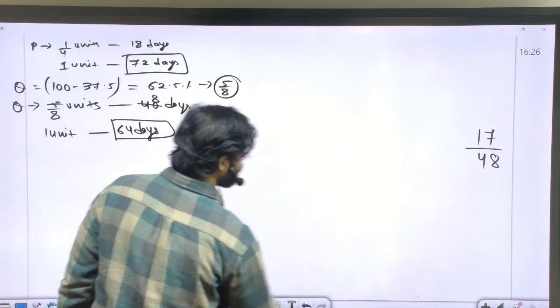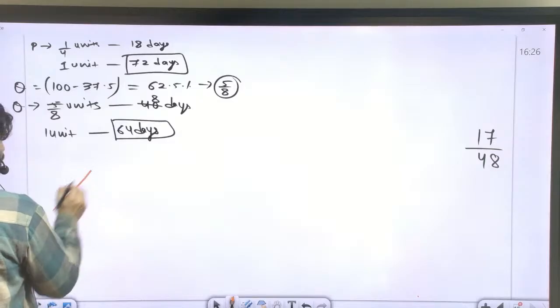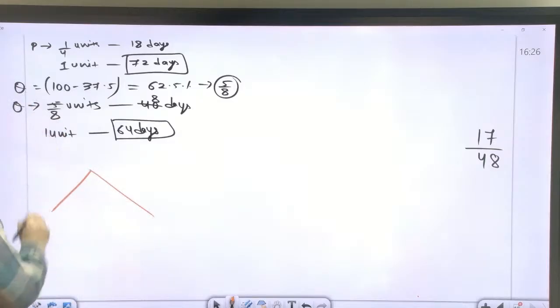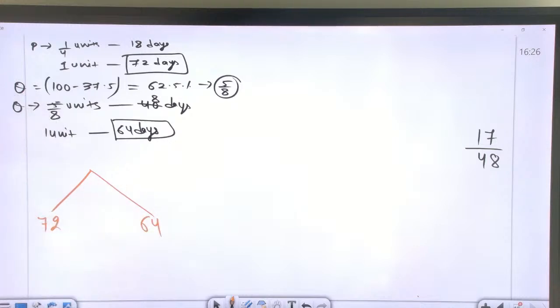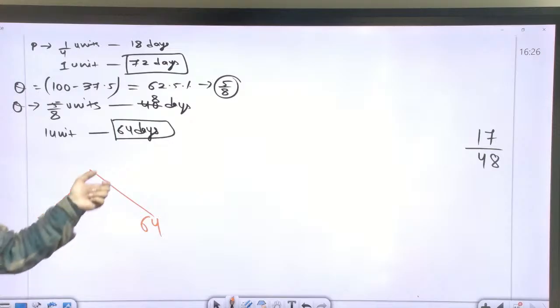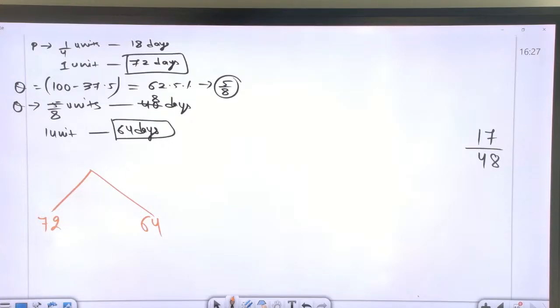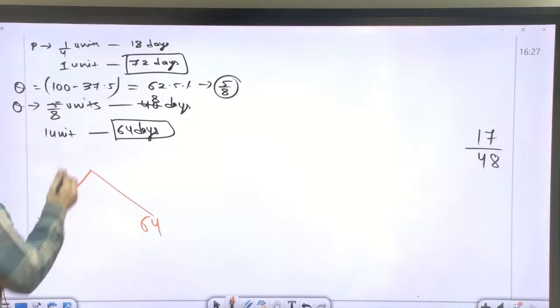Okay, let's find out. Look, I'm not taking the LCM completely. 72 and 64 both are multiples of 8. And the LCM is not 216. So it's better to take that 8 common.